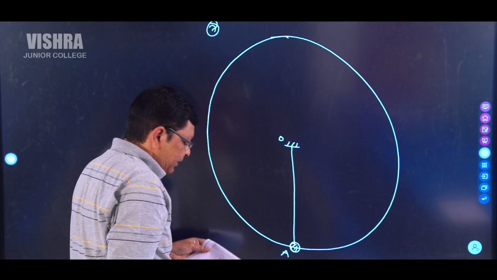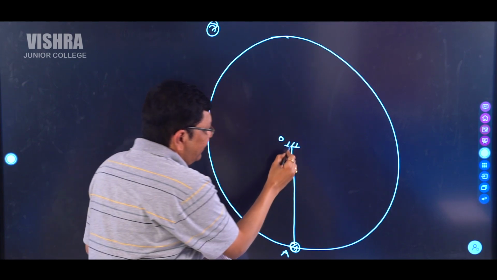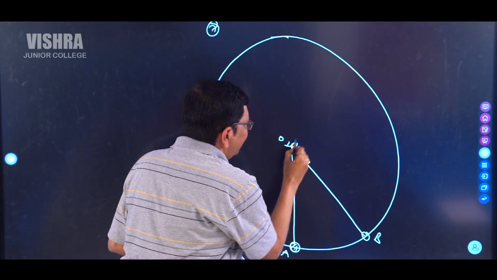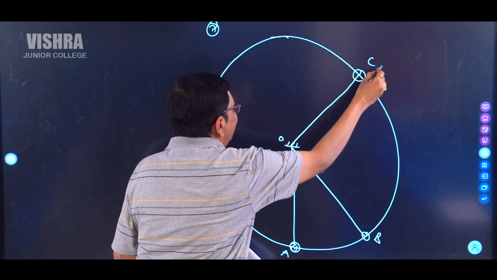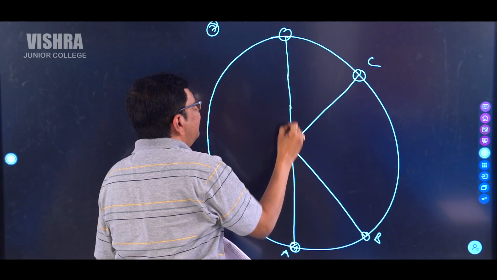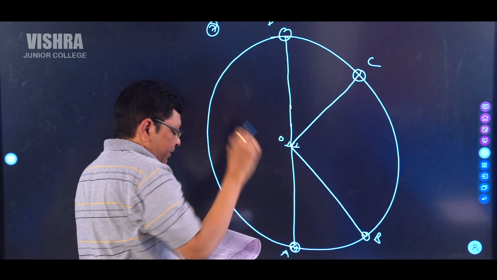The lowest position is indicated as A, somewhere a position is B, another position is C, and the topmost position of the bob is D, as given in the diagram.